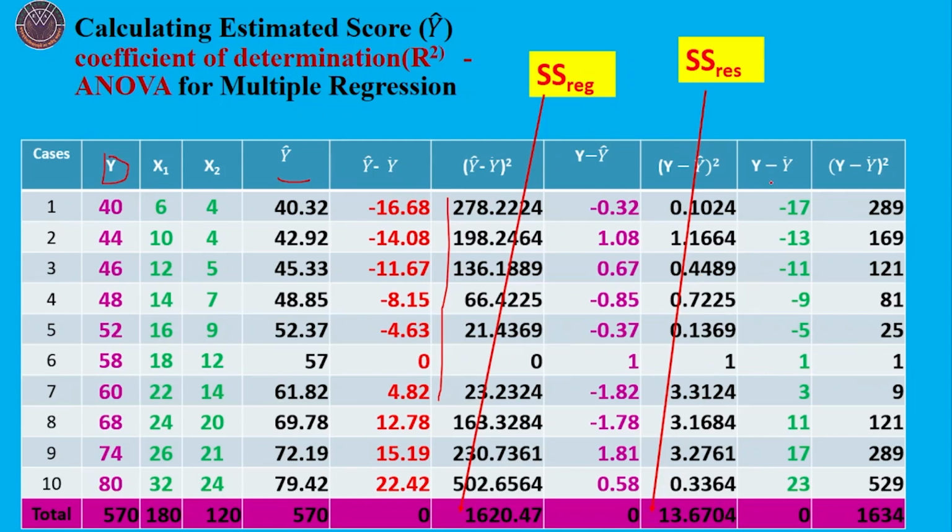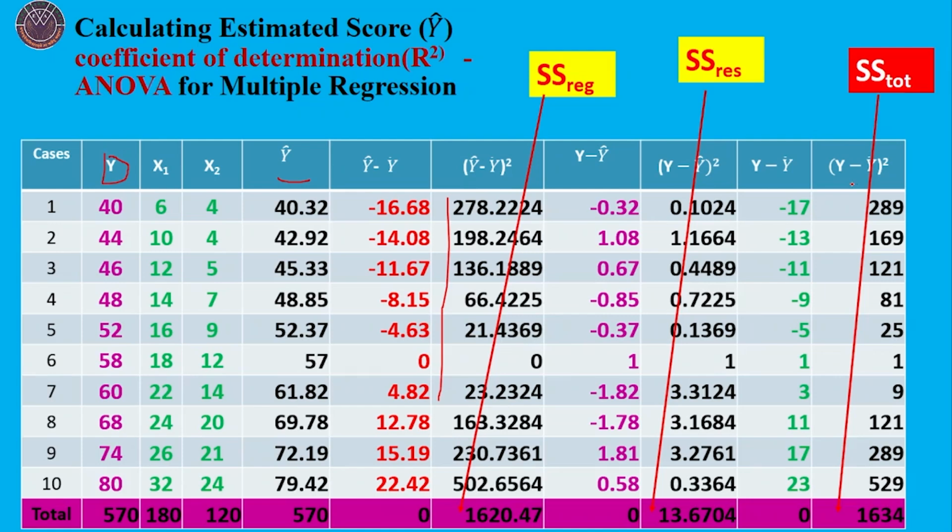Last, to obtain the total sum of square, we have to do y minus y bar. For each observed value of y, we subtract its mean, and then we square each term for each observation, so we get the total sum of square, that is 1634.